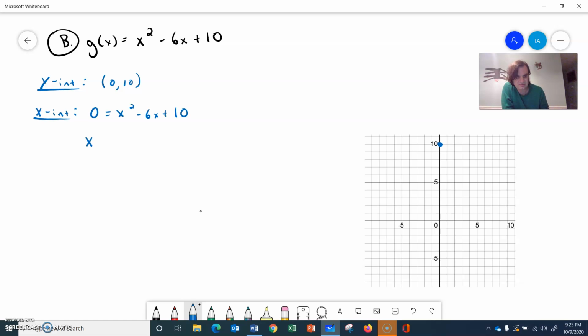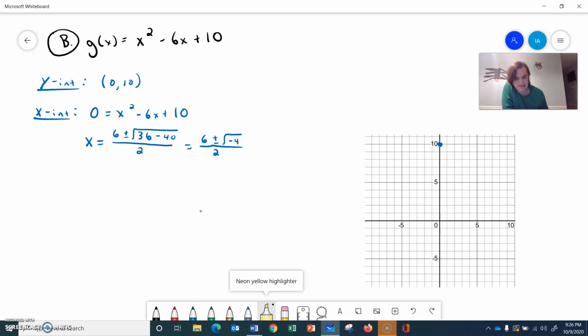So we'll use the quadratic formula. Negative b will be 6 plus or minus the square root of b squared will be 36 minus 4ac will be minus 40, all over 2a, so that's all over 2. If I clear this up a little bit, 6 plus or minus the square root of negative 4 over 2.